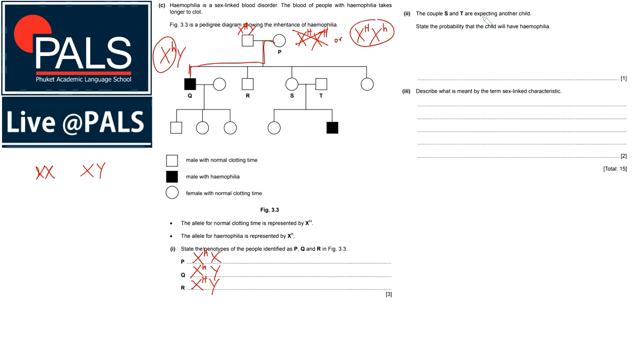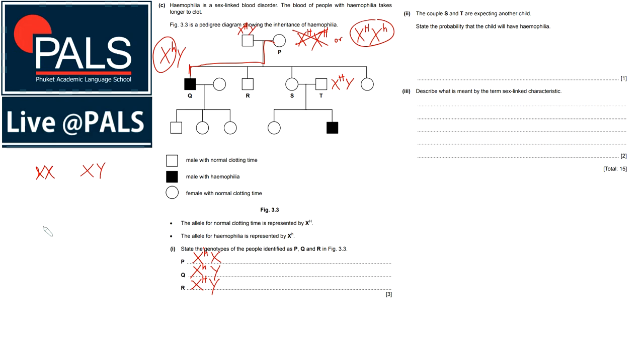The couple S and T, so now we are here, are expecting another child. State the probability that the child will have hemophilia. So here again we have to figure out the genotypes of the parents first. Same thing as in the case for these parents. The male is healthy, so that's pretty straightforward. He must have a capital H and Y, so that's our father.